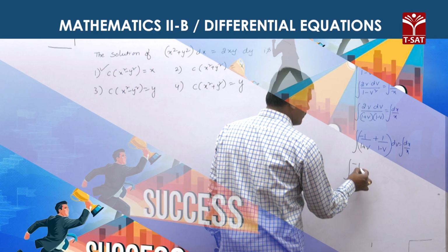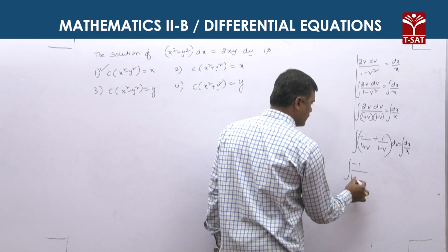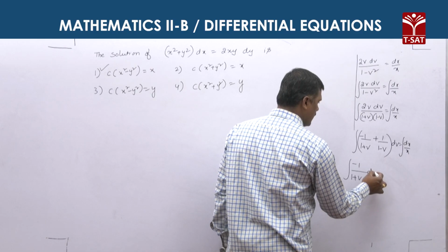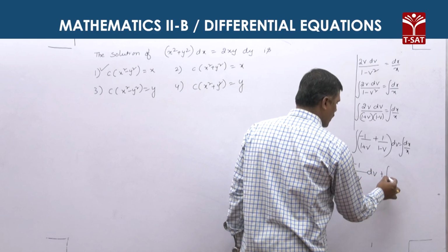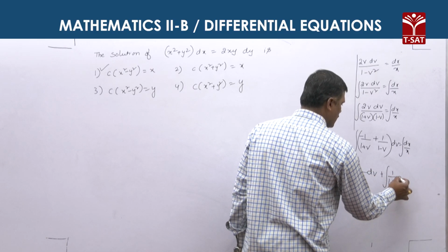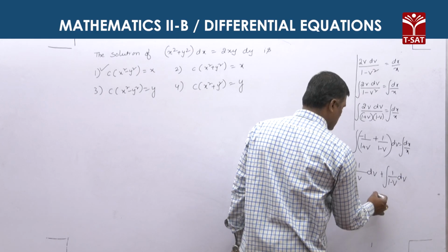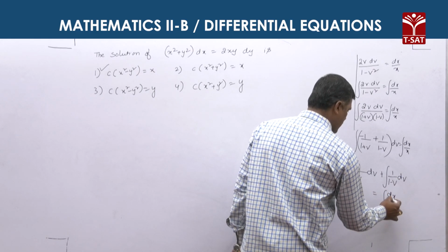Integral of minus 1 by 1 plus v into dv plus integral of 1 by 1 minus v into dv is equal to integral of dx by x.